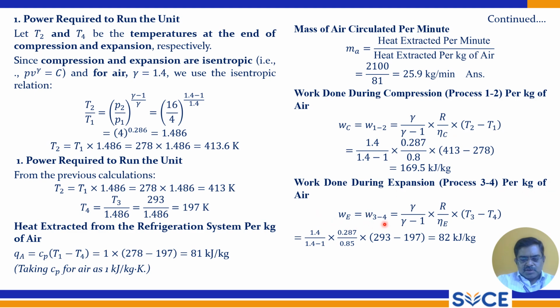So WE equal to a similar relation as earlier: gamma divided by gamma minus 1 into R by NE, that is the efficiency, then (T3 minus T4). Substituting all these values, we get 82 kilojoules per kg as the work done for the expansion process. The expansion efficiency is given, that is 0.85.